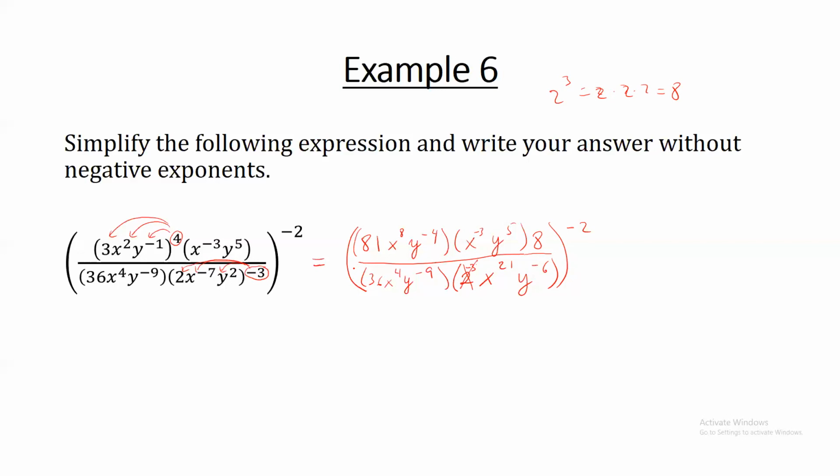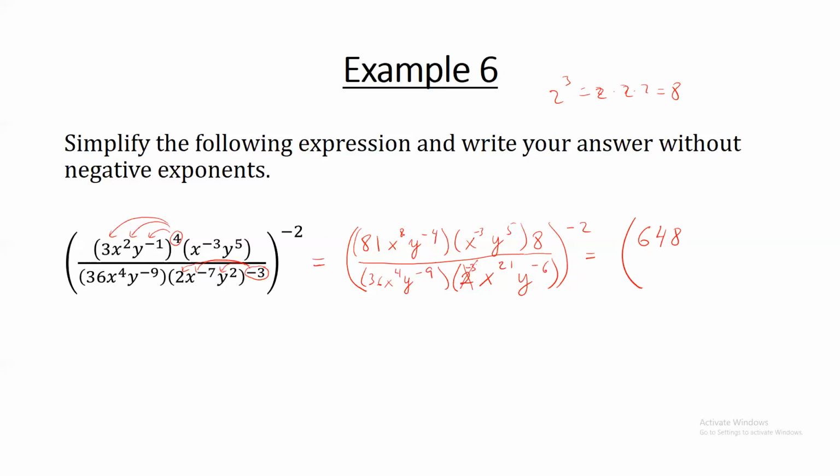And let's continue. We can multiply the top and multiply the bottom. 81 times 8 is 648.